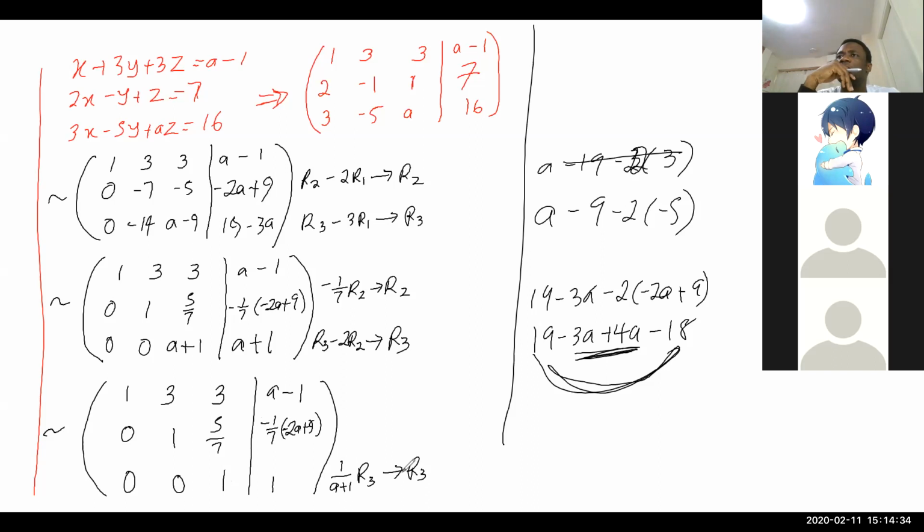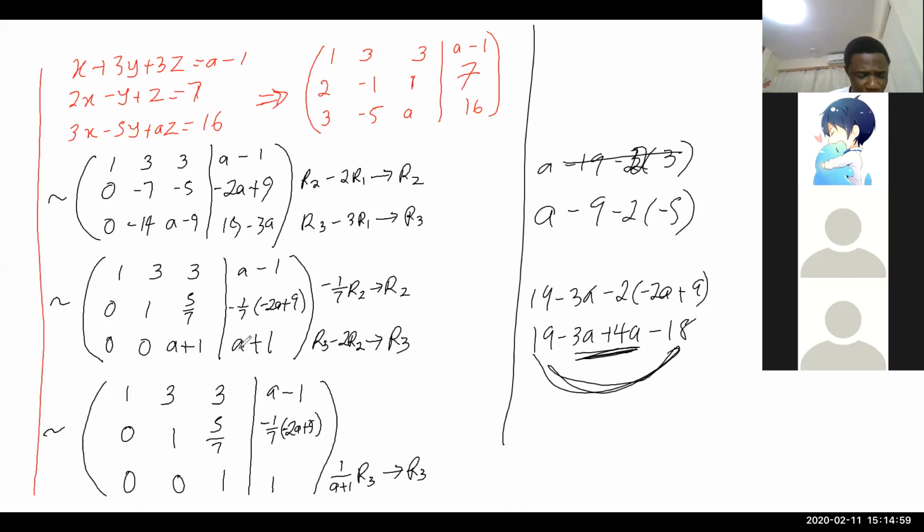So now the question is, show that for one value of a there are infinitely many solutions. When can we get infinitely many solutions? When a is plus 1, what happens?